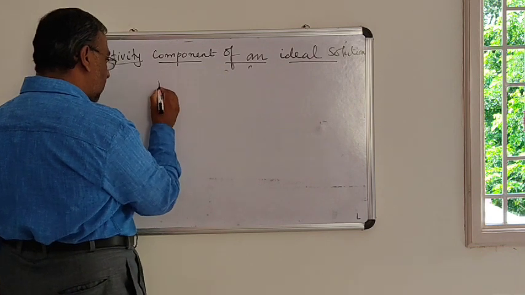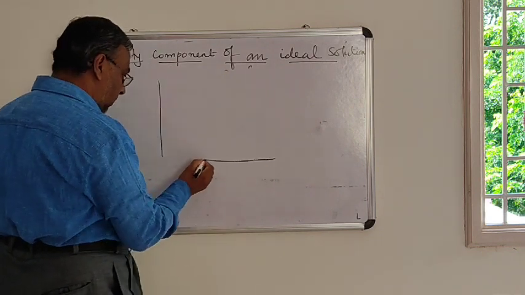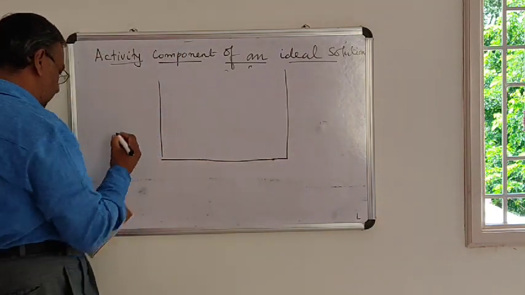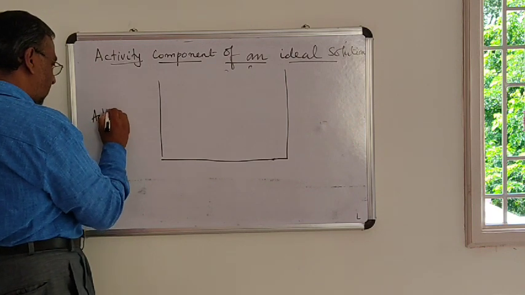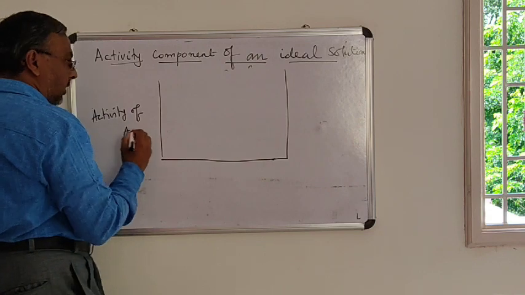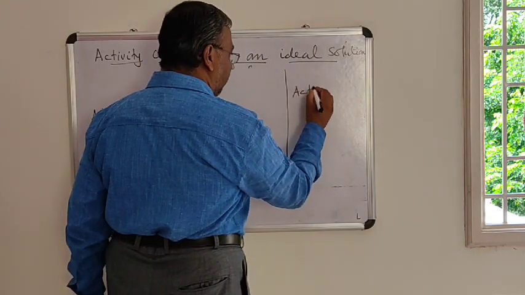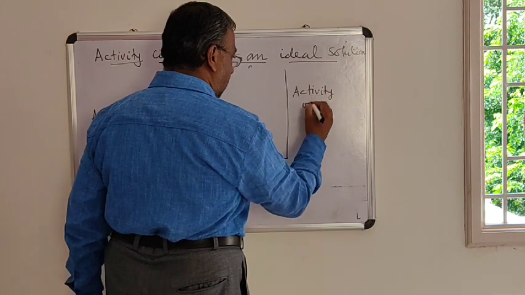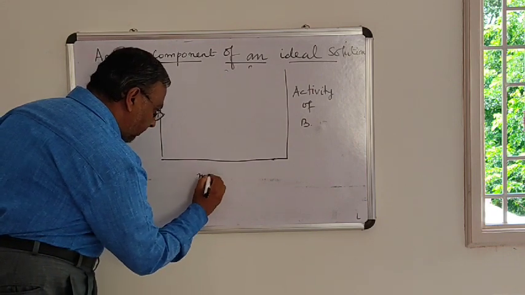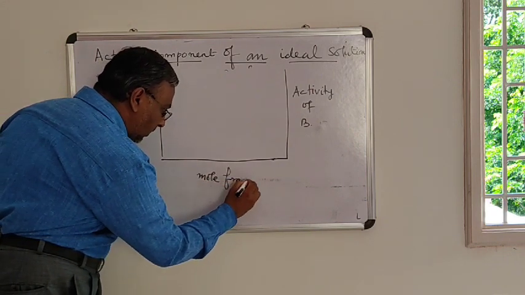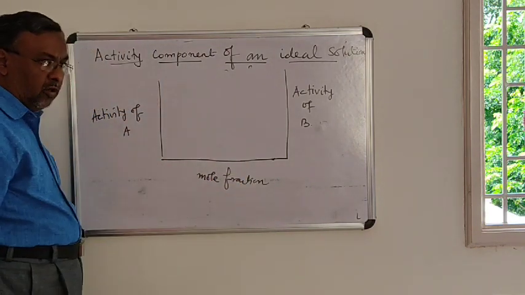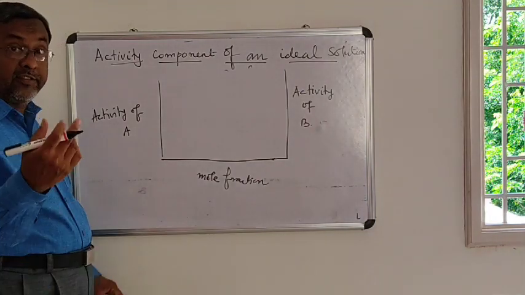When we plot the activity of A and the activity of B against the mole fraction, we get a straight line.